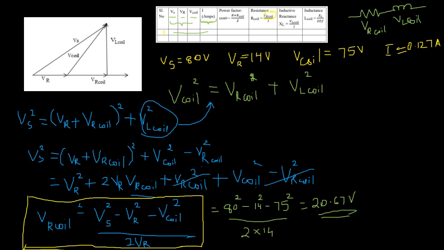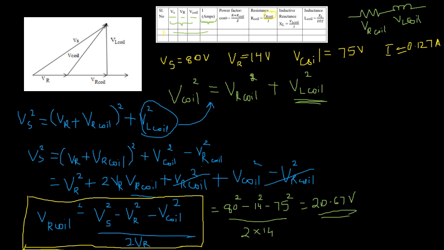Next we will calculate the voltage appearing across the inductive component of a coil. From the equation V coil square equals VR coil square plus VL coil square, I can write the value of VL coil as equal to the square root of V coil square minus VR coil square.